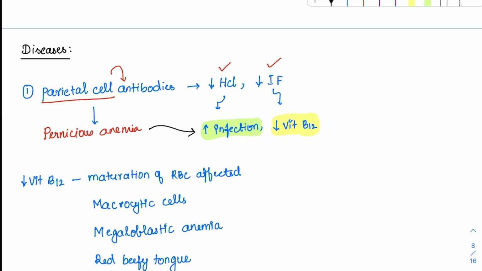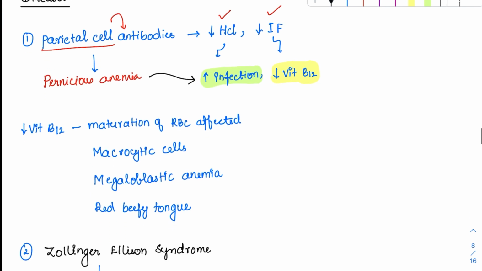This vitamin B12 deficiency, whatever the reason, is very, very essential for the maturation of RBCs. So whenever there is less vitamin B12, the maturation of RBCs will be affected. RBCs are usually bigger in size and as they mature, their size reduces. Now this maturation is not happening, so the bigger cells will stay.